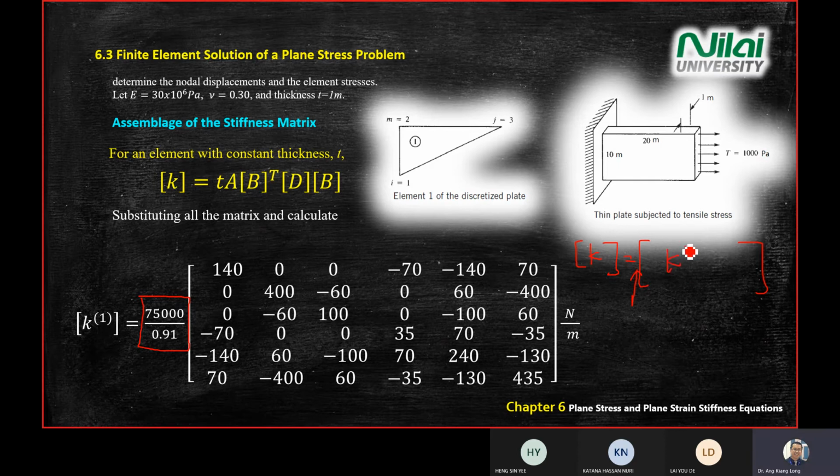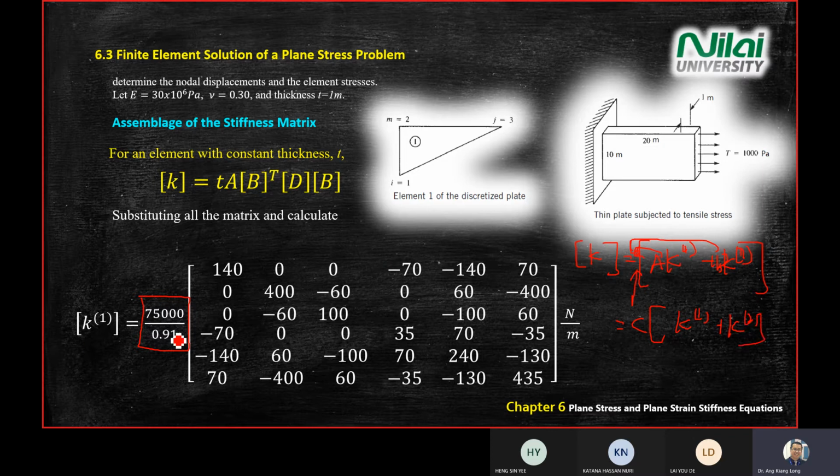When you combine the element 1 and element 2 matrices together, you superimpose them, so be careful of the constant value in front. A and B must be the same when you pull them out, so it will be the constant times the K matrix plus the K matrix number 2.